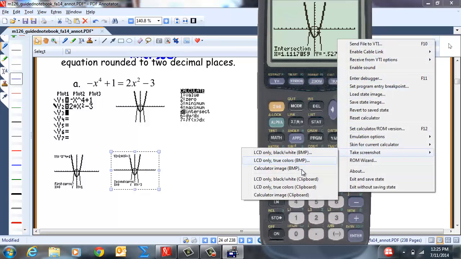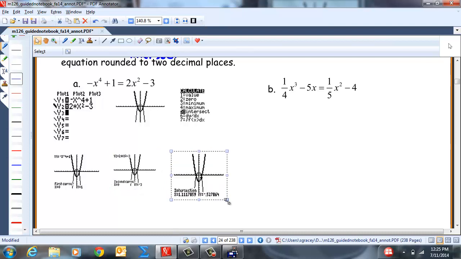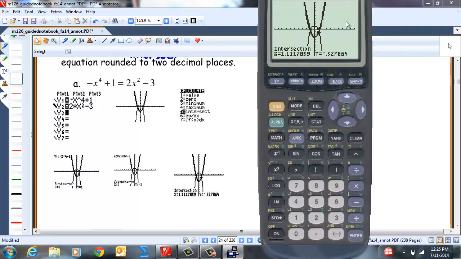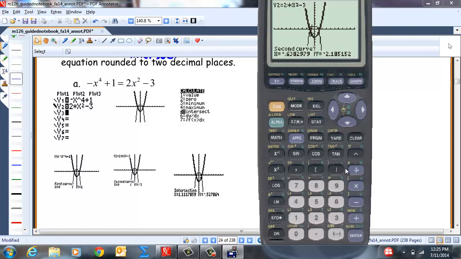Now, we have another point of intersection. So this is the one on the positive side. And now we need to go to the one on the negative side. Now, I think it's just going to be the negative of this. Actually, we go back to the intersect. So we need to cursor over here so we're closer to this intersection point. And you do the same thing.